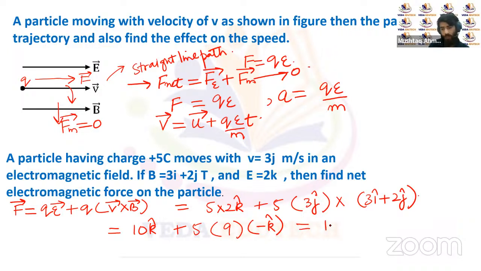So it will be 10 k cap minus 45 k cap, and we'll be left with minus 35 k cap.